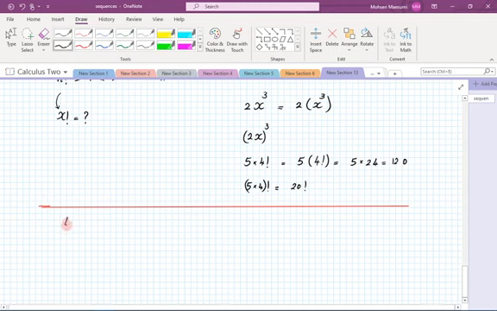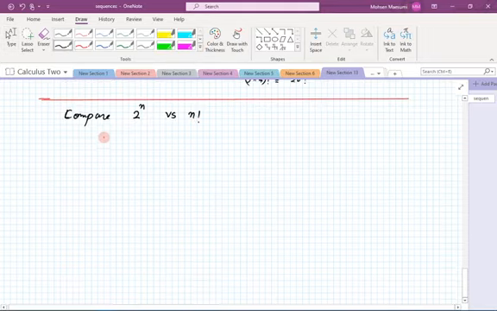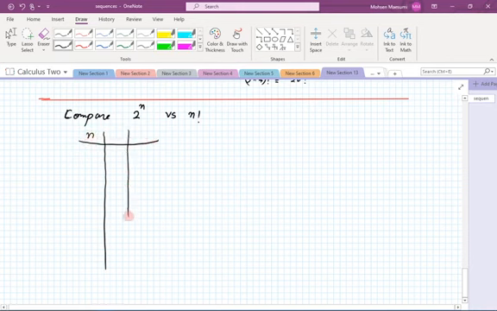So here's a question. Compare 2 to the power of n versus n factorial. Well, how do you compare? Make a table. Here I'm making the table: n, 2 to the n, and n factorial.